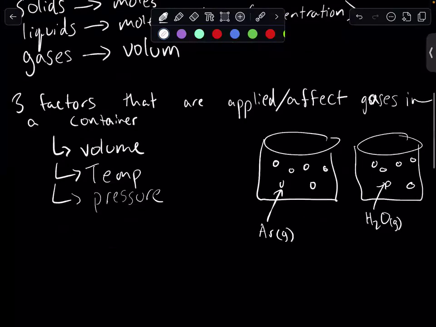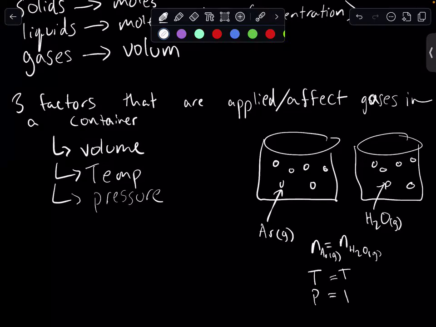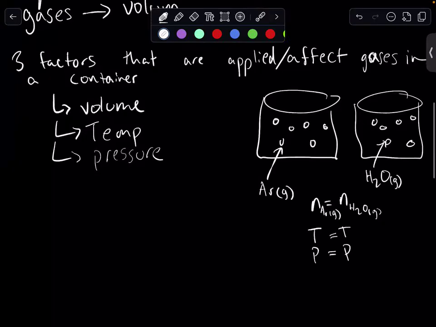If these are the same number of particles, so the same number of moles, N of argon equals N of H2O, remembering that we use N to define the number of moles, and it's the same temperature, the same pressure, then turns out the volume will be the same as well. We actually only need three of these to know that the fourth will be the same as well. So that's basically what Avogadro is saying.